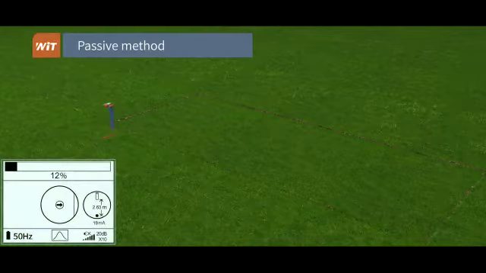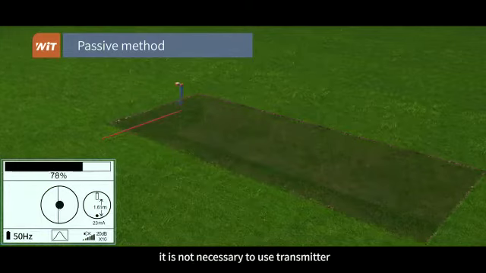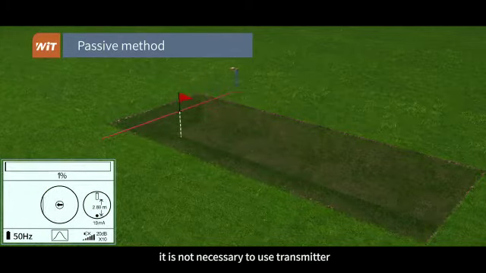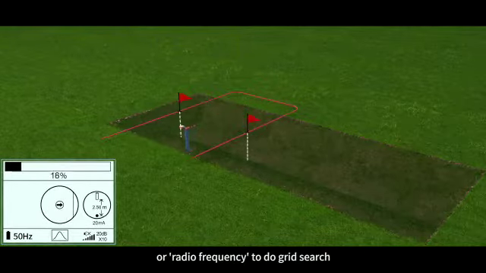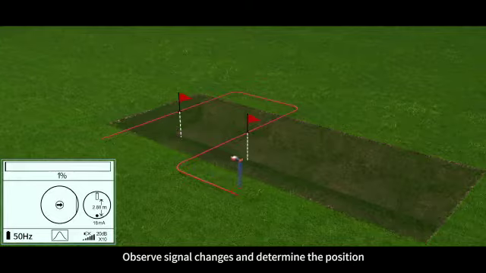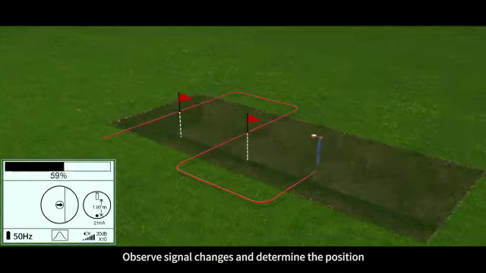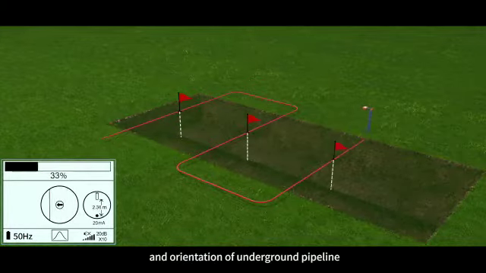Passive method. When using the passive method, it is not necessary to use the transmitter, and the frequency of the receiver is adjusted to power frequency or radio frequency to do a grid search. Observe signal changes and determine the position and orientation of the underground pipeline.